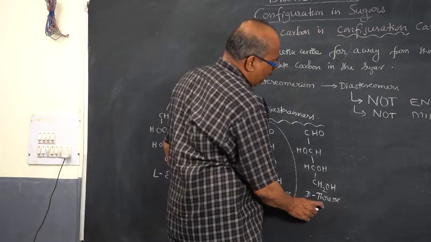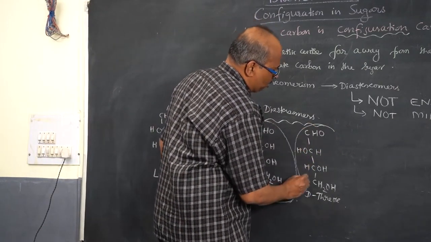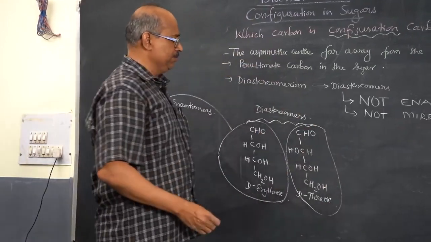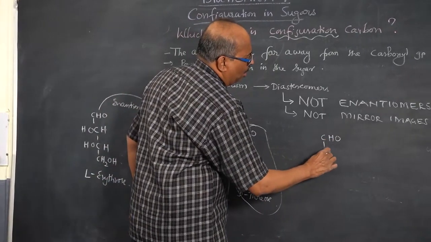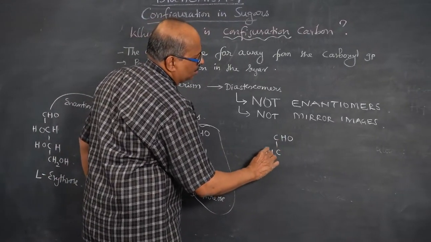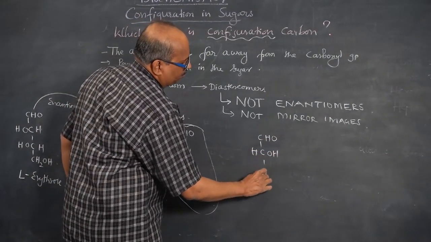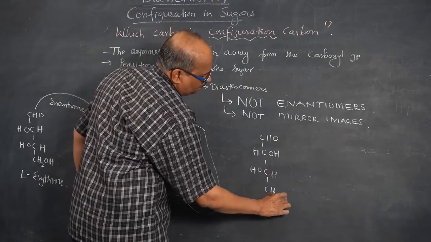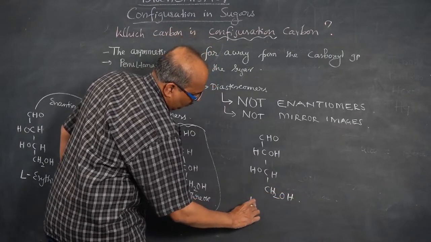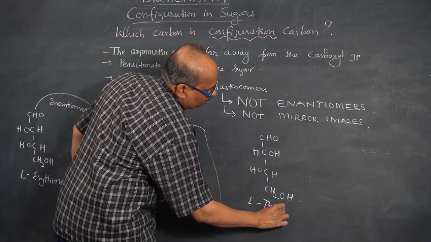Similarly, if I want the L form for threose, I have to again rotate all asymmetric centers 180 degrees. So this will become L-threose.